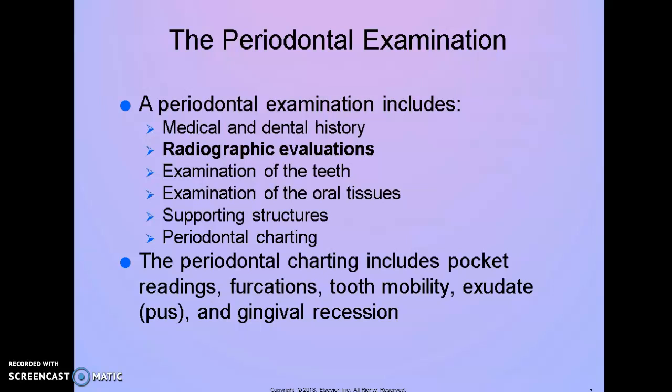Then they will do an examination of the hard tissue, the teeth, and then examine the other oral tissues and supporting structures. And then a periodontal chart will be created for the patient as well.